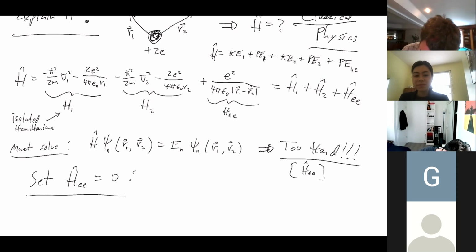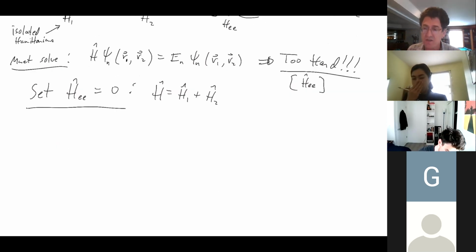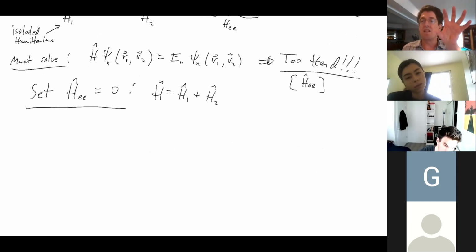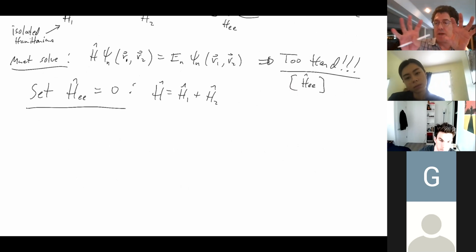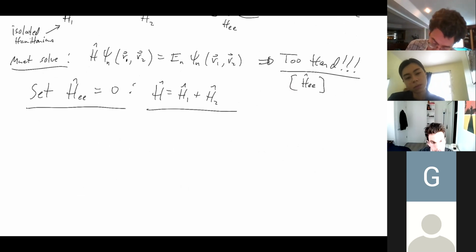Because now I have a Hamiltonian that I can solve. This is actually an easy one to solve because these are independent Hamiltonians. The total Hamiltonian is the independent particle 1 plus the independent particle 2. Those are easy Hamiltonians to solve. So can somebody tell me what the solution is? Well, first tell me what the energy is.